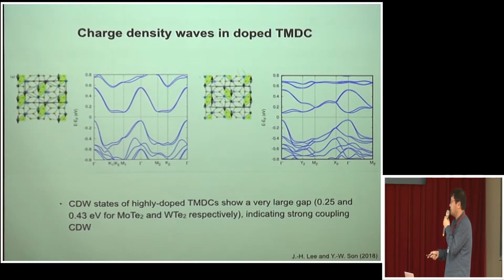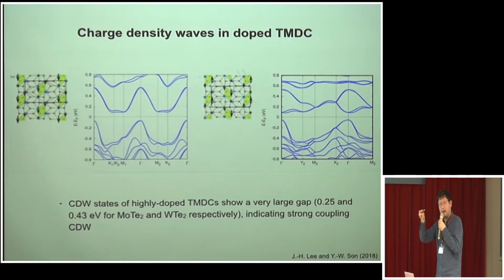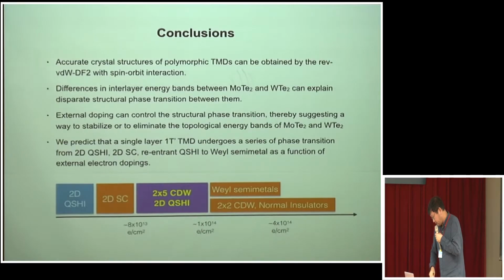So in this case it's trivial. However, here all the important topological states are away from the Fermi energy. This is quite in contrast to the previous cases, where at intermediate doping the CDW can touch those Dirac points as you change your gating. So this is a trivial CDW case.